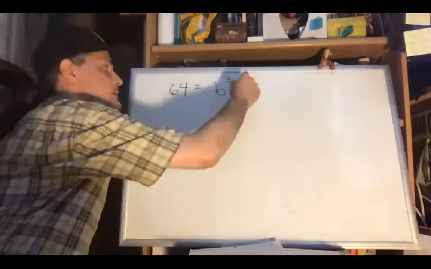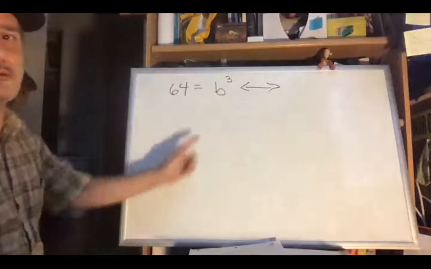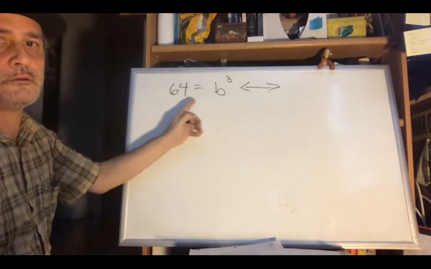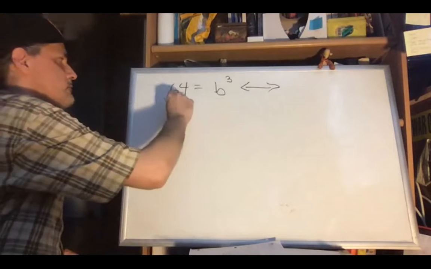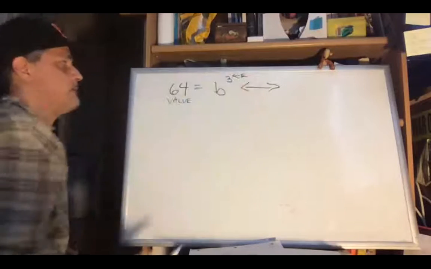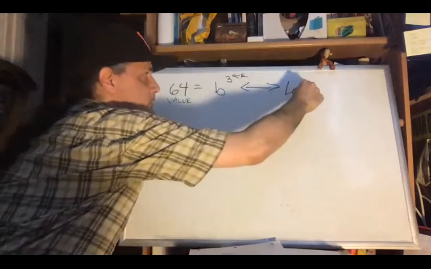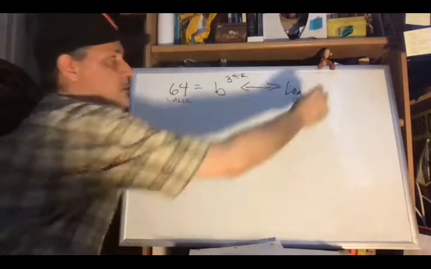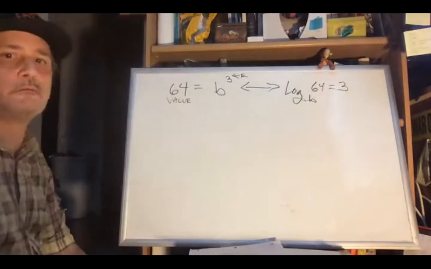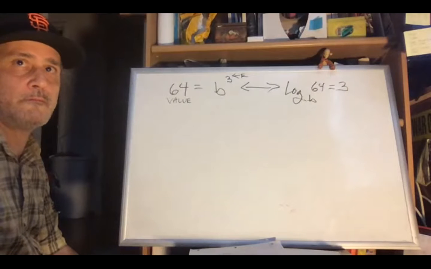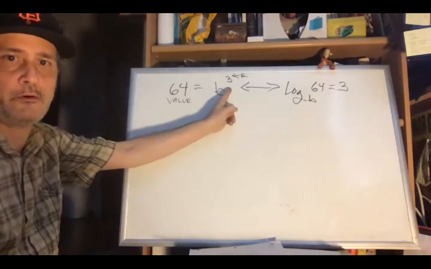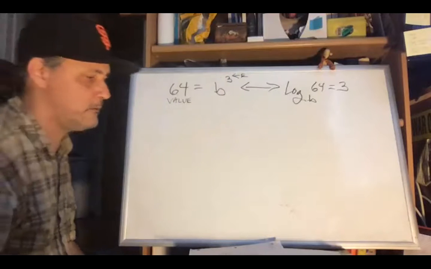Well, let's rearrange this to the logarithmic form. We don't know what the base is. The value is 64, and the exponent is 3. So the log of 64 with the unknown base equals 3. That's how you could rearrange it. To solve this, just raise both sides to the 1/3 power.